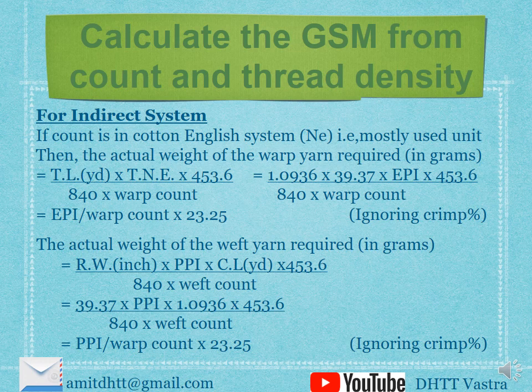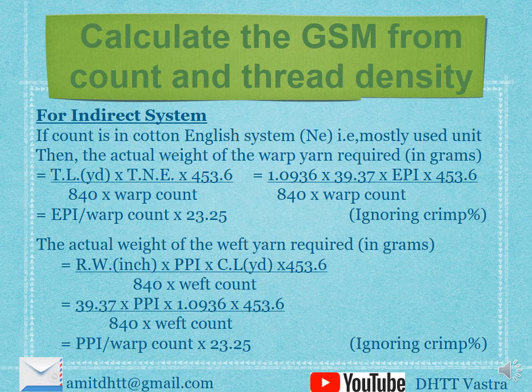And similarly, the weight of weft yarn required in grams. Here also you can use the same formula, that is actual weight of weft into 453.6, which converts from pound to grams. And in place of reed width in inch, that is width of the fabric, that is 39.37 inch into picks per inch. Here reed width must be in inch, so 1 meter is converted to 39.37 inch.